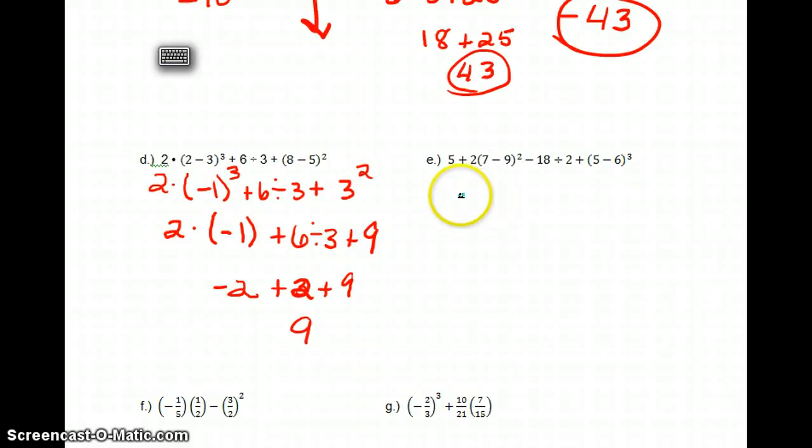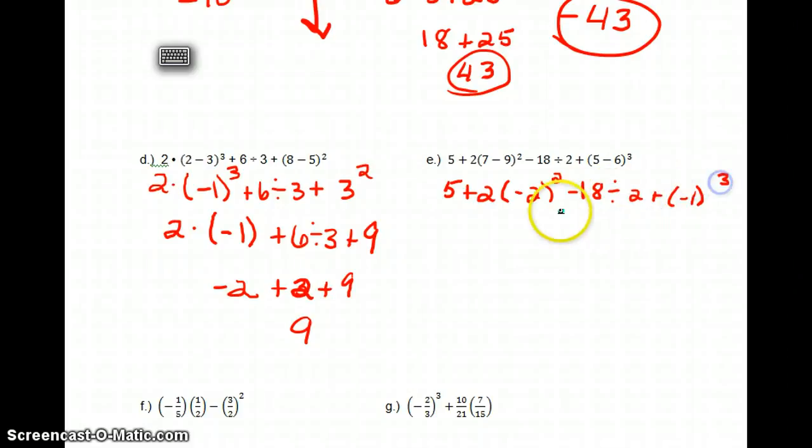Letter E, the first thing that you should have done is taking care of your math inside parentheses. So we have 5 plus 2 times negative 2 to the second power minus 18 divided by 2 plus negative 1 cubed. Now you take care of your exponents.